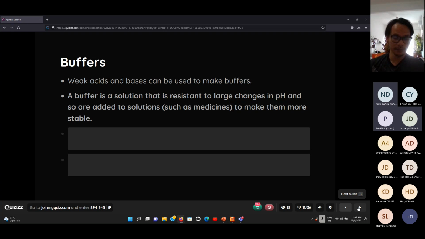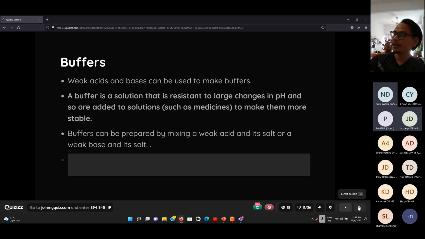So it does not disrupt the kita punya body, and also dia boleh larut dengan baik, dengan cepat. Okay, a good pharmaceutical drug adalah ubat yang mudah larut dalam badan kita sebab lebih cepat. Kalau dia lebih cepat larut dalam badan, lebih cepatlah dia bertindak balas. So buffers can be prepared by mixing a weak acid and its salt or a weak base and its salt.